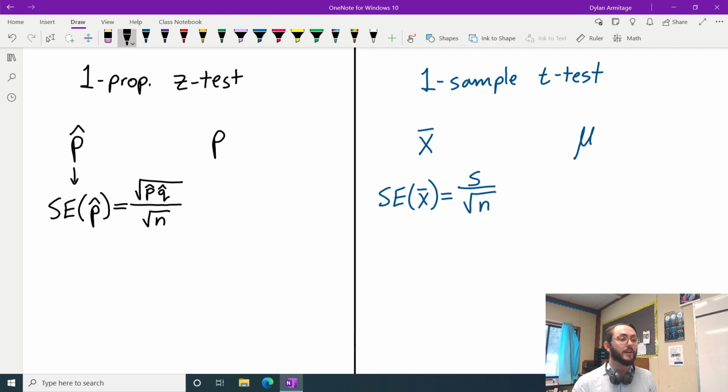So we see the similarities between these formulas. We have standard deviation divided by the square root of our sample size. Standard deviation divided by square root of our sample size. However, the thing is that these are unbalanced currently.